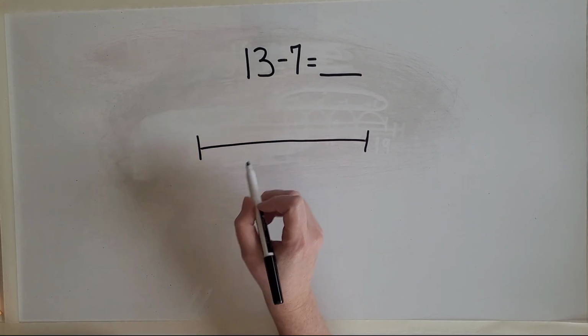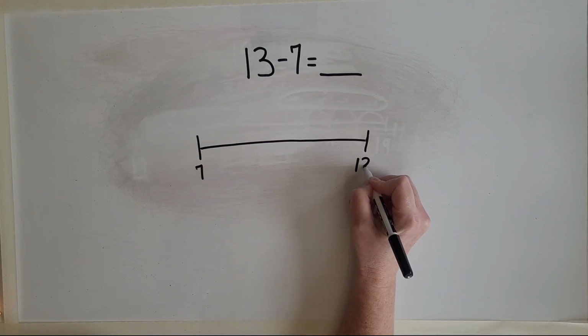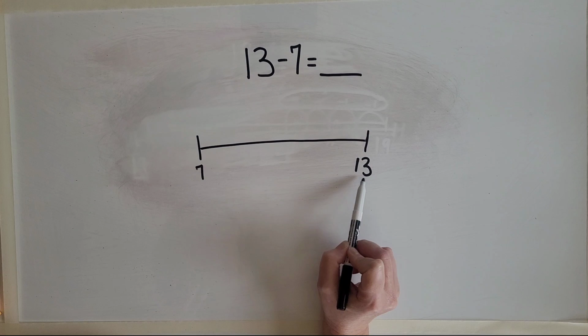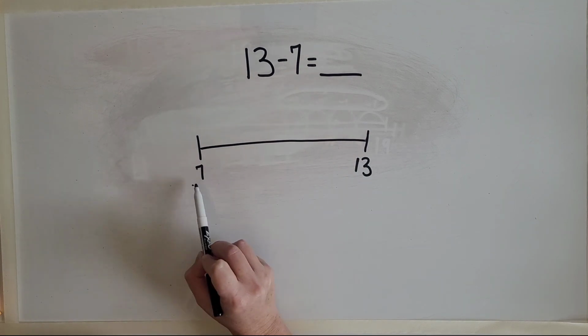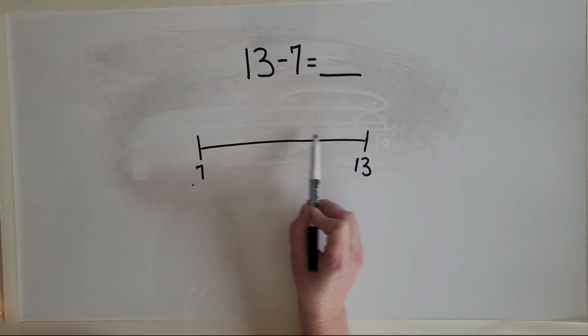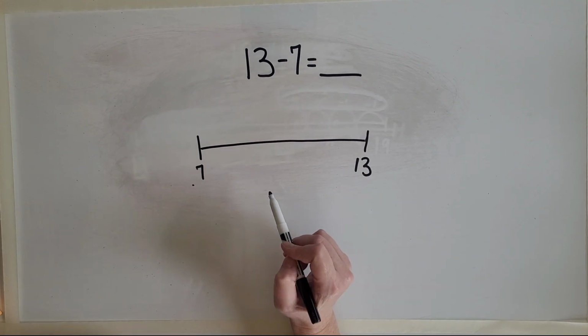So I'm going to start by putting 7 and 13 on the number line. So if I'm at 13 and I want to get to 7, I have to go a certain amount of distance, but I'm really not sure what that distance is.